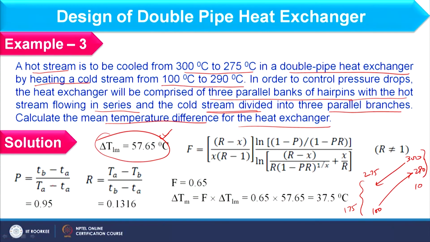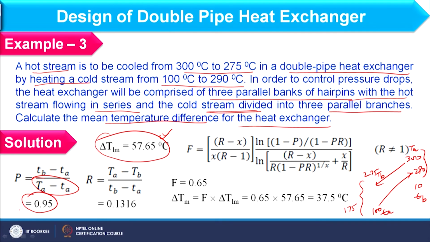So, here if I am considering P, that should be TB minus TA divided by TA minus small ta. This capital Ta minus small ta is the maximum driving force available in the system. So, all values are known to you.